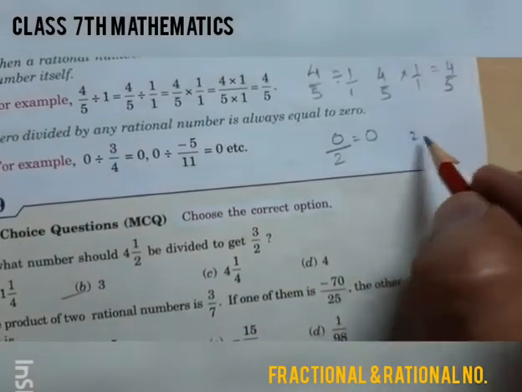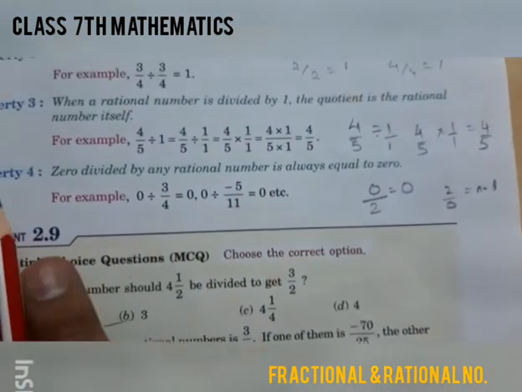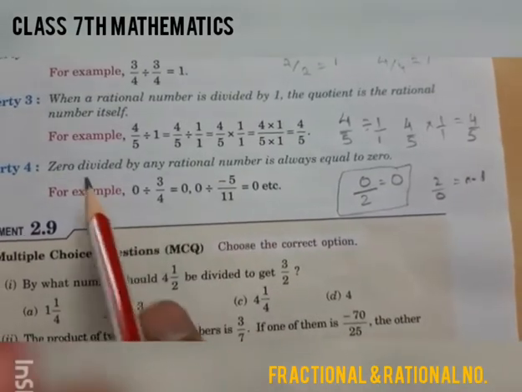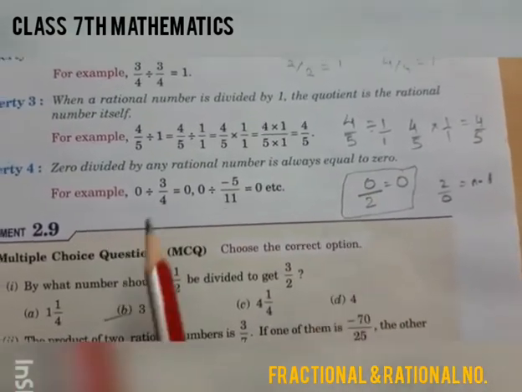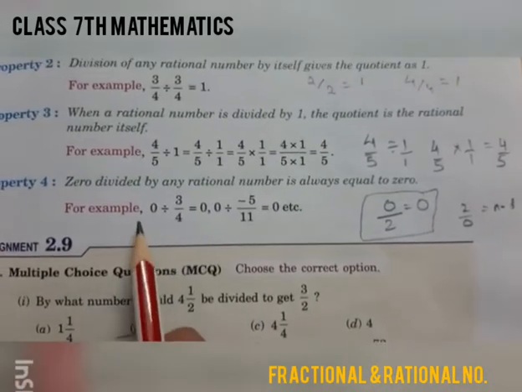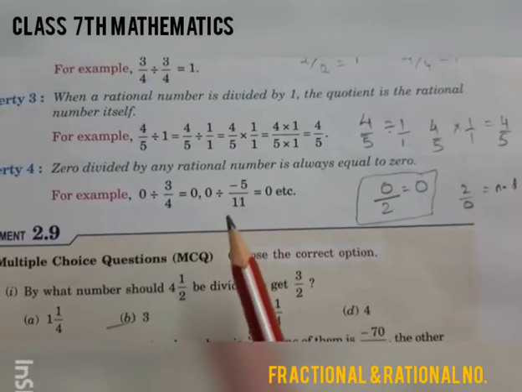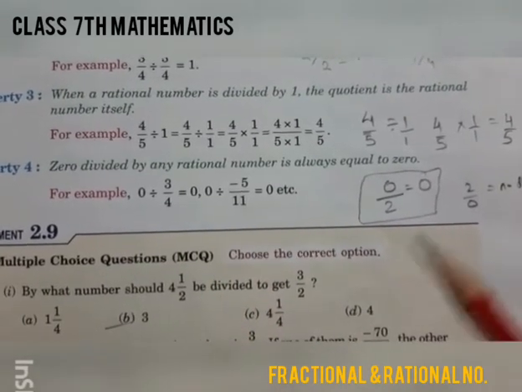Any number means if 2 is divided by 0, the result will be not defined. According to the property, it is focusing on this concept, that 0 divided by any rational number is always equal to 0. This we have already discussed, and here is an example also, 0 divided by 3 by 4, the result will be 0. Why? Because 0 on dividing by any number, the result comes 0.